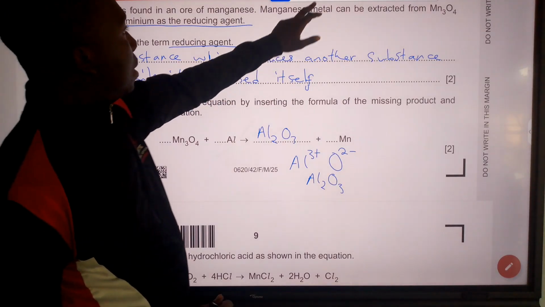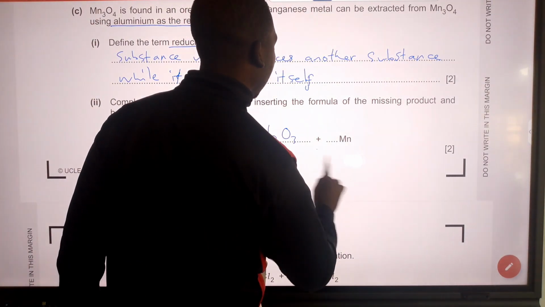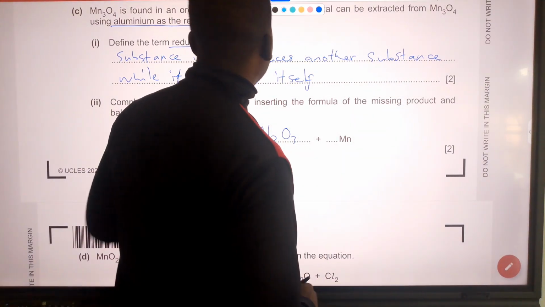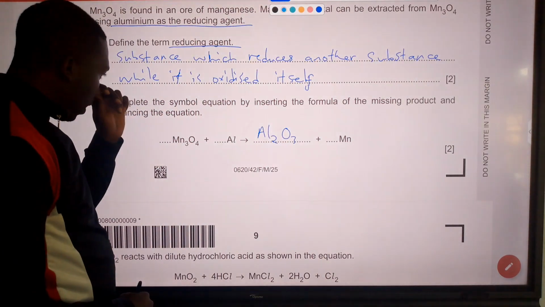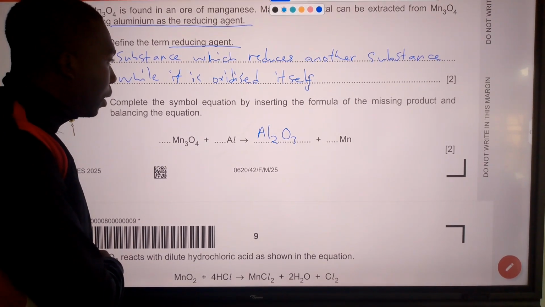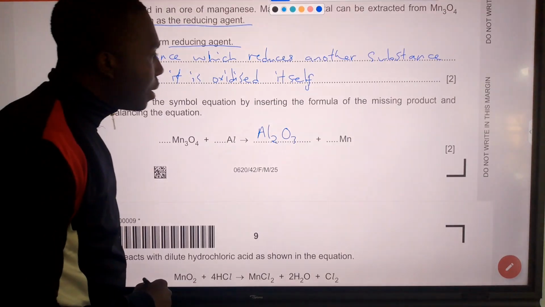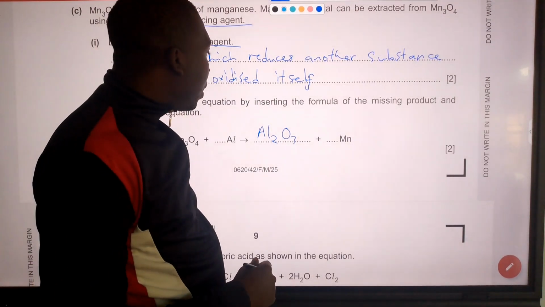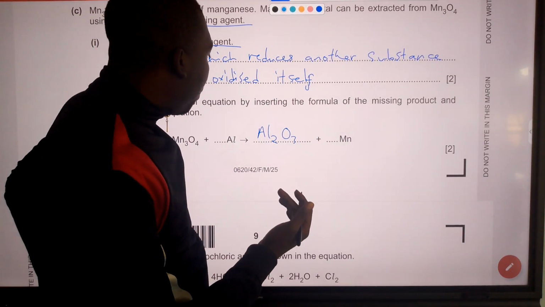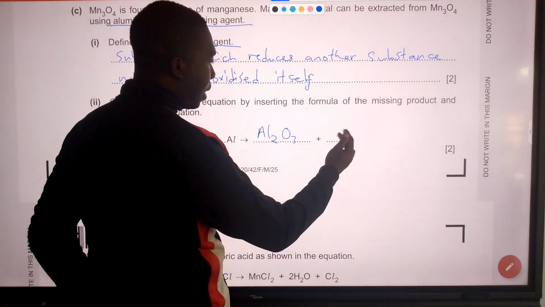Then to balance the equation, we can use one of the tricks which is used to easily balance equations, which is balancing isolated elements like this.